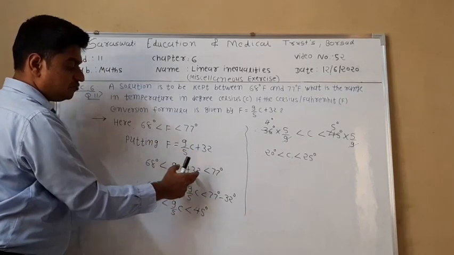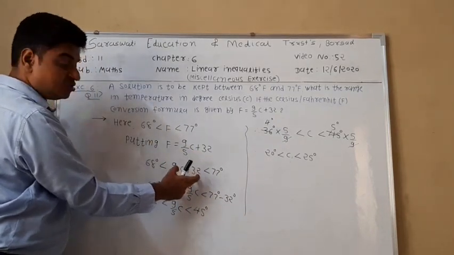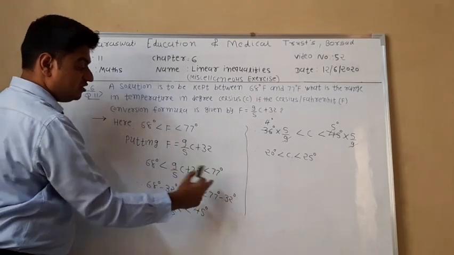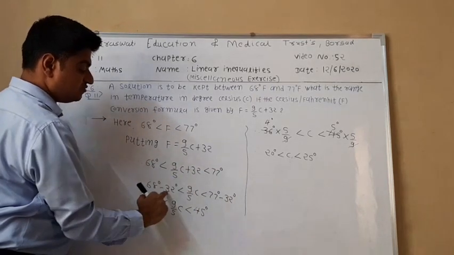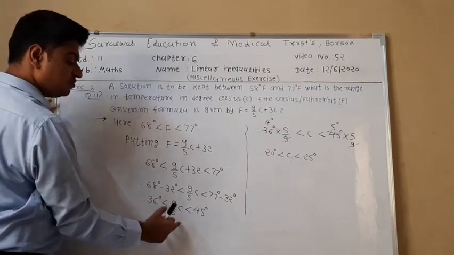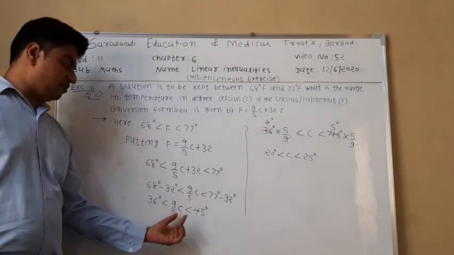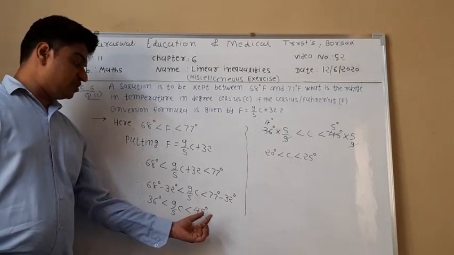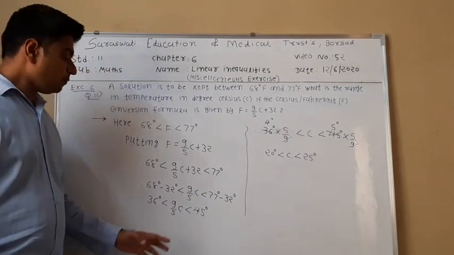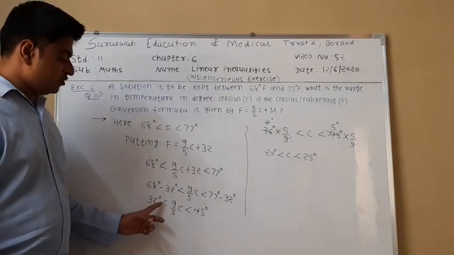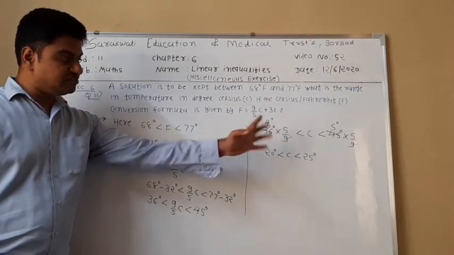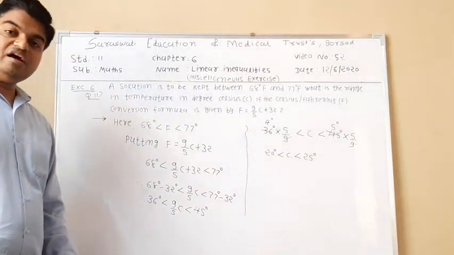First of all, remove this constant term, so 32 written on the opposite side and minus sign applies here. So simplify this term. So here we get 36 degree less than 9 by 5 Celsius less than 45 degree. Now multiply 5 into 9 on both sides and simplify this term, so we get the answer. Clear?